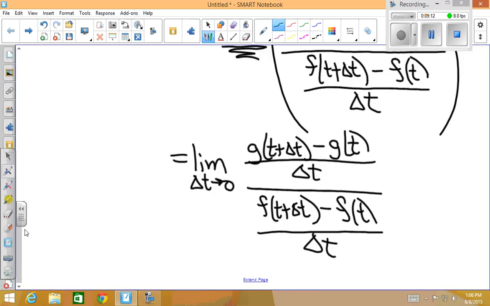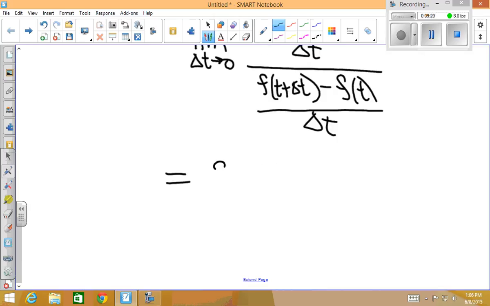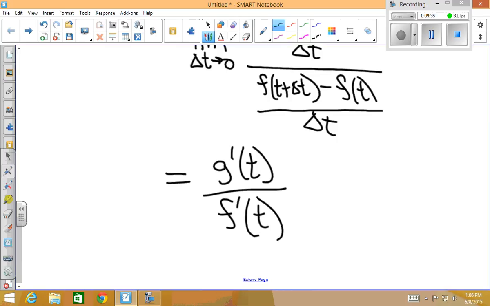Now taking our limits, g of t plus delta t minus g of t over delta t is the derivative of g at t as delta t goes to 0. The limit of f of t plus delta t minus f of t over delta t is the derivative of f at t.